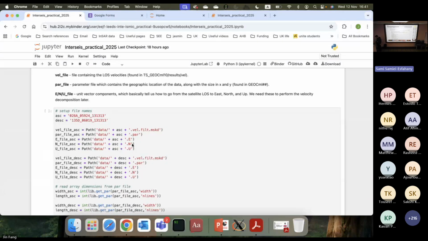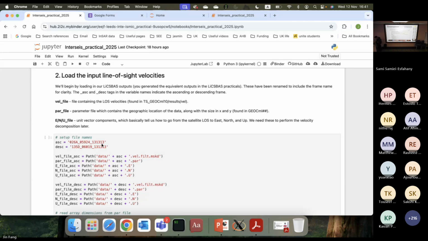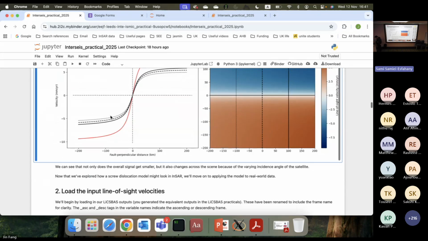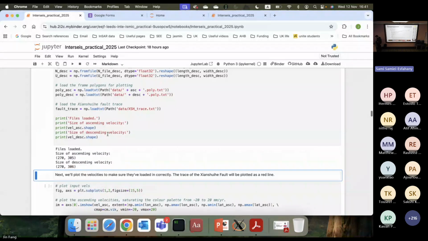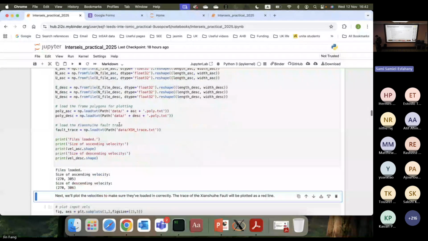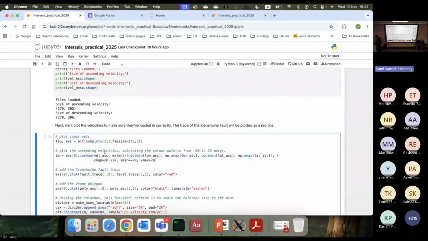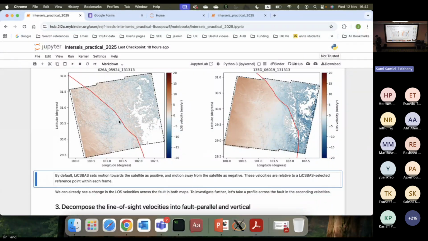So let's first load our LiCSBAS outputs, and then we'll plot the two velocity maps from these two LiCS frames, and the red line shows the central fault.